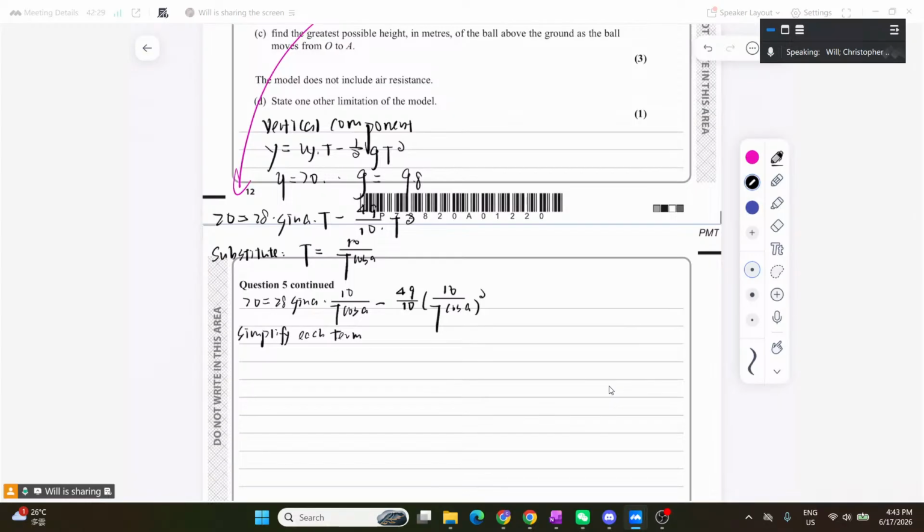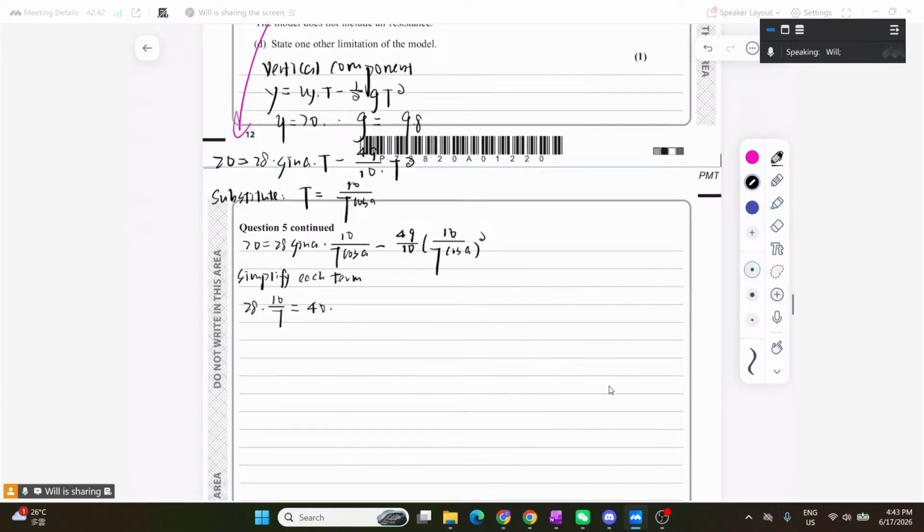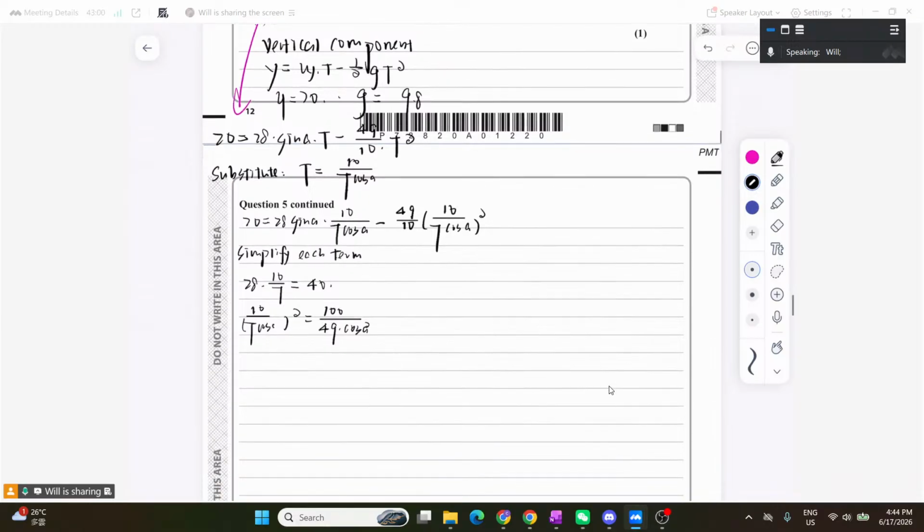Okay. So after we simplify each term, 24 times 10 over 7 actually equals 40. We can also get 10 over 7 cosine alpha squared equal to 100 over 49 cosine alpha squared, right?